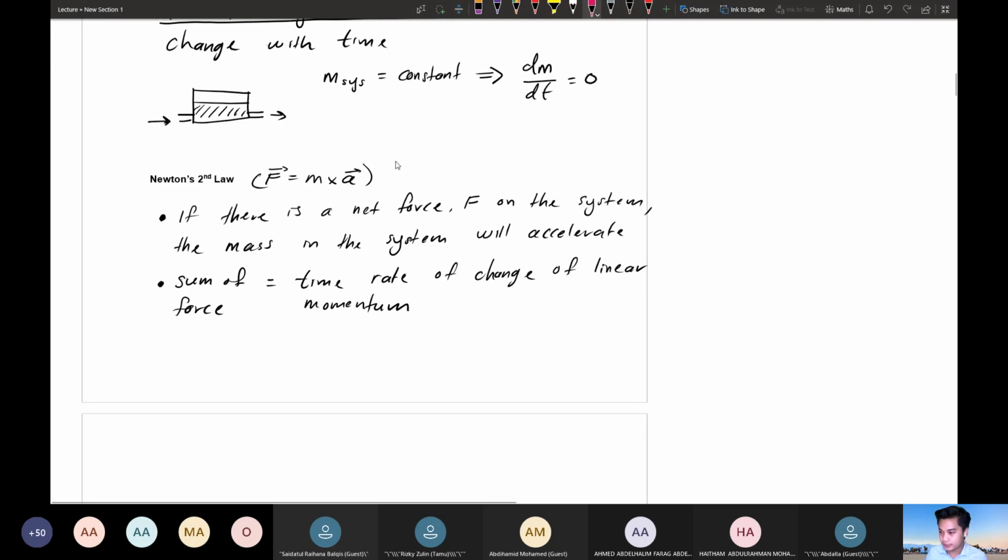You can see summation of force equals mass multiplied by acceleration. We know already that acceleration is velocity over time, so we can convert this to d over dt, and this one is mass, this is velocity. Velocity over time is acceleration, this is mass. This mv here represents the momentum.